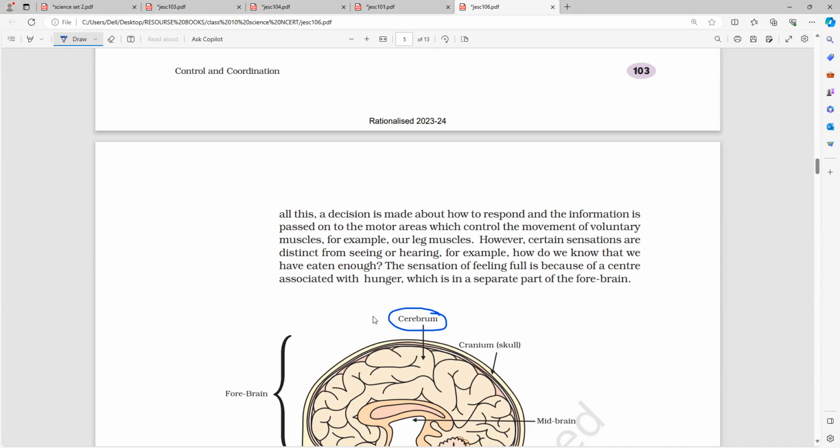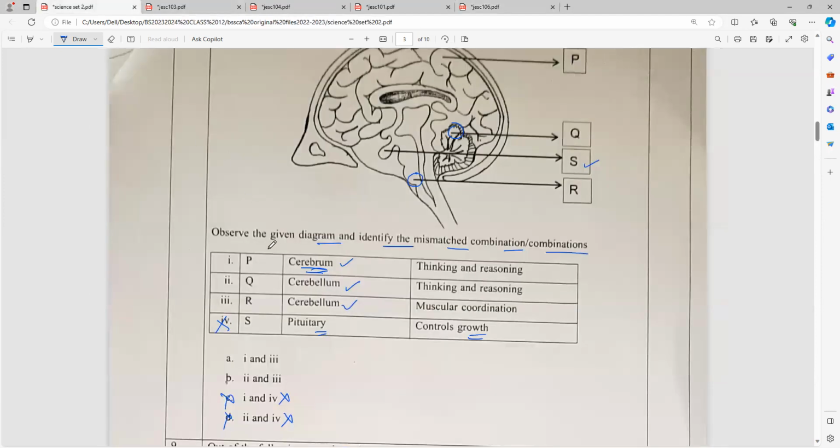It controls voluntary actions, meaning thinking and reasoning.